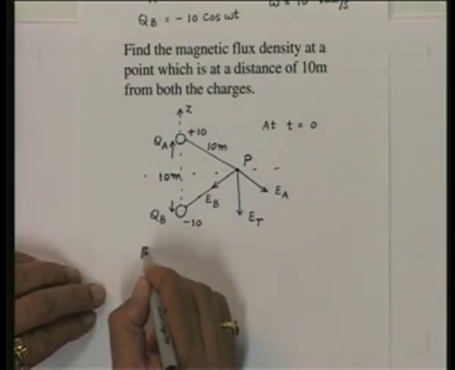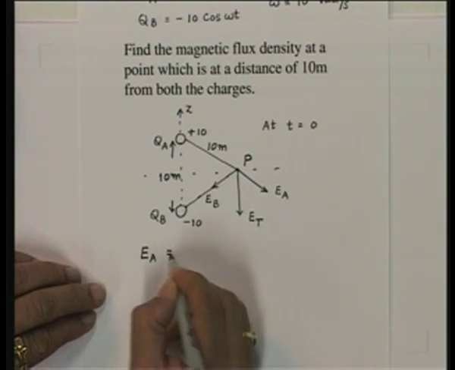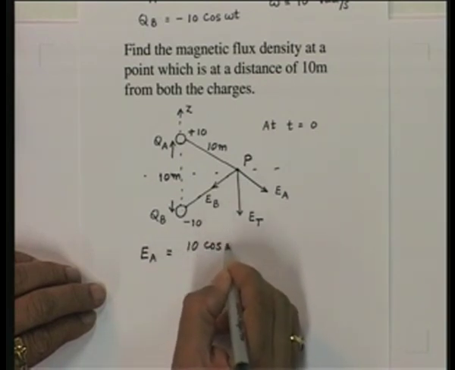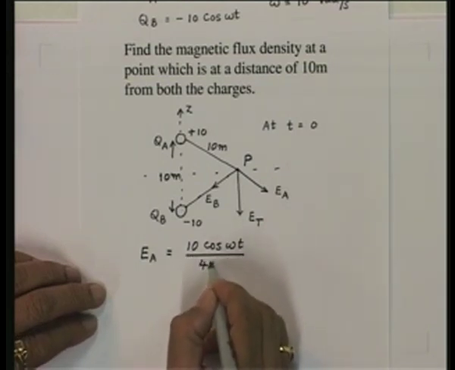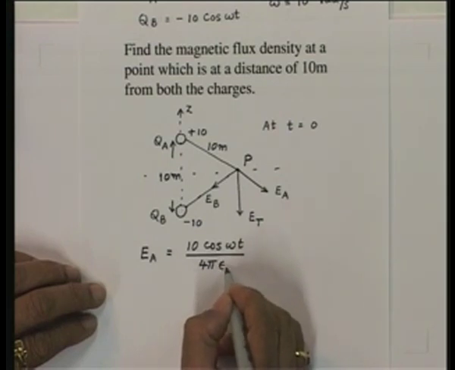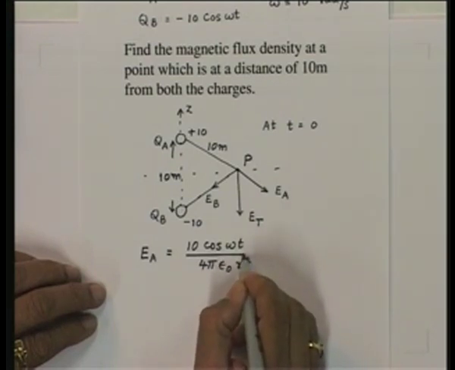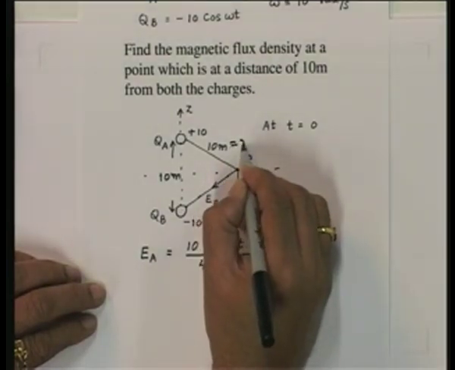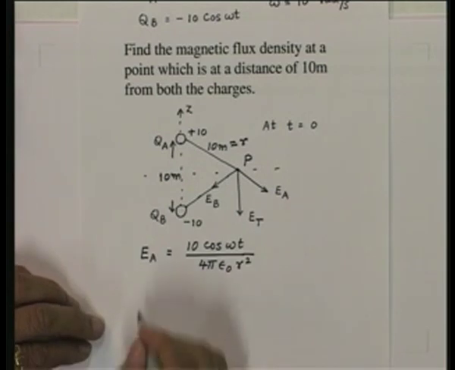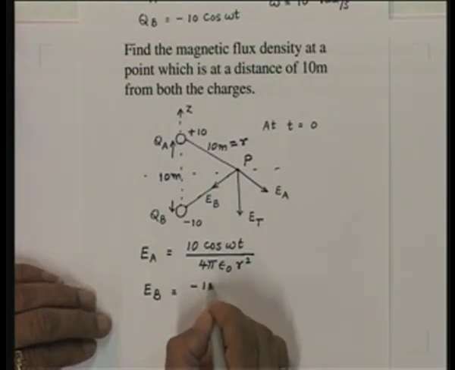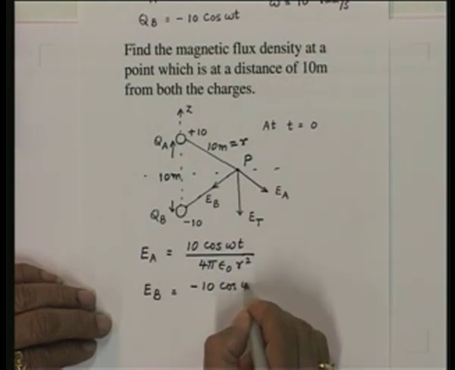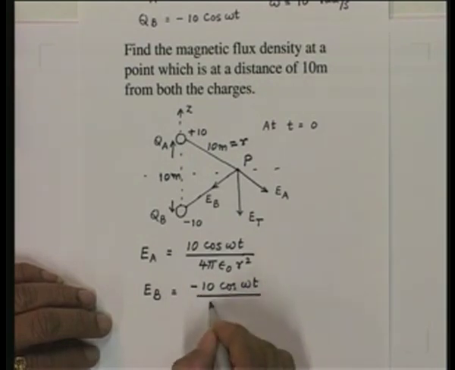So, then the electric field EA is equal to 10 cos omega t divided by 4 pi epsilon 0 r square, where r in this case is 10 meters. Similarly, we can find the electric field due to charge B, and that will be equal to minus 10 cos omega t divided by 4 pi epsilon 0 r square.